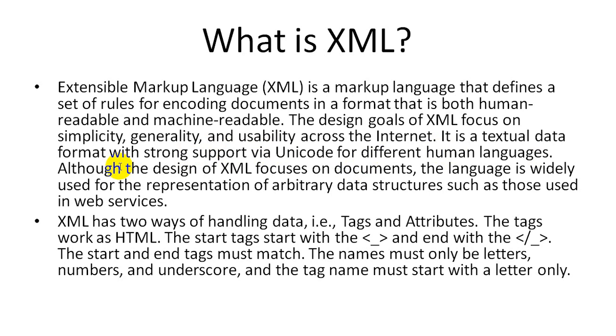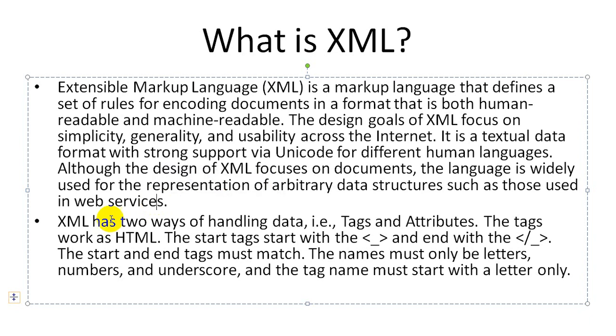Although the design of XML focuses on documents, the language is widely used for the representation of arbitrary data structures, such as those used in web services. XML has two ways of handling data: tags and attributes. The tag works like HTML.